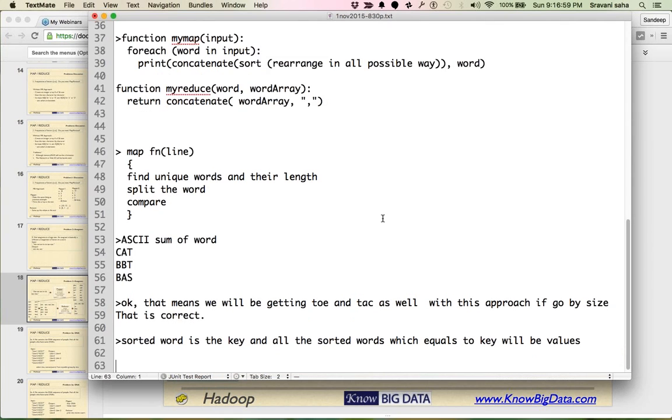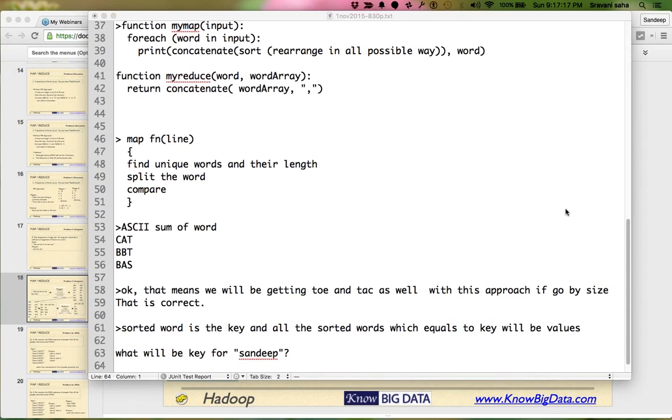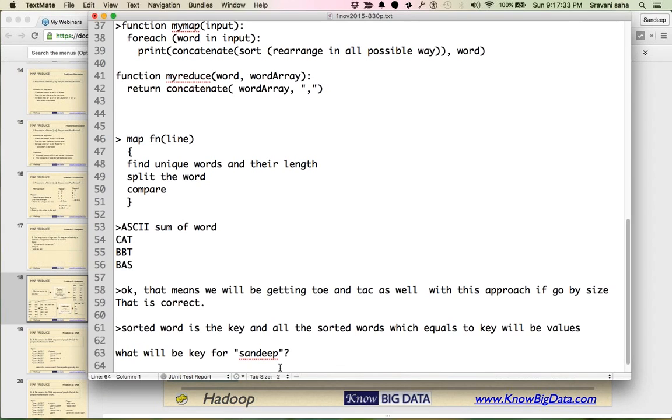The key for Sandeep will be A, D, E, E, N, P, S.